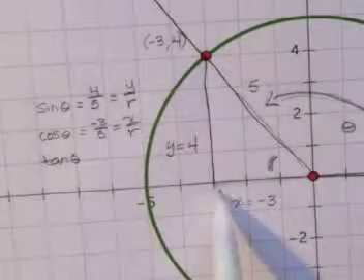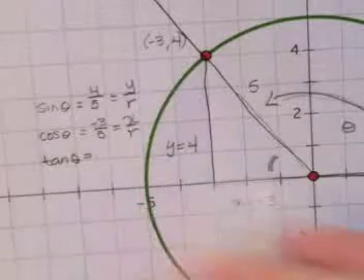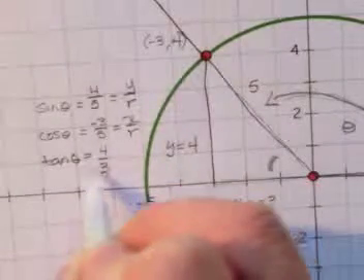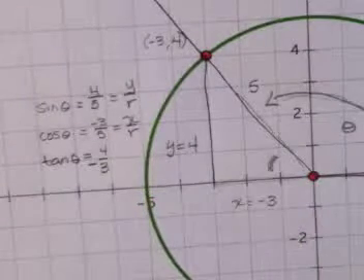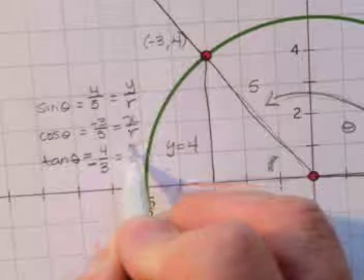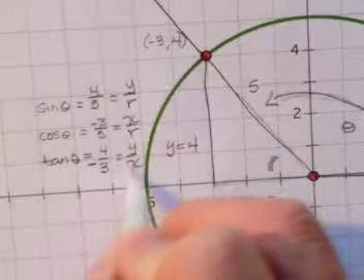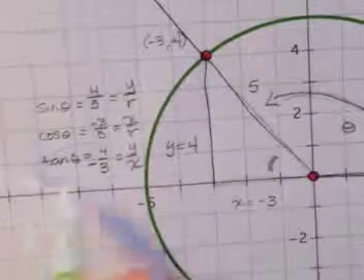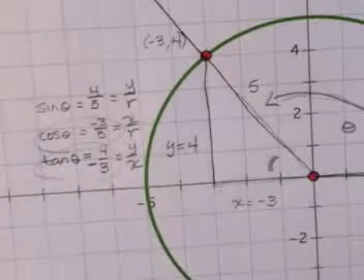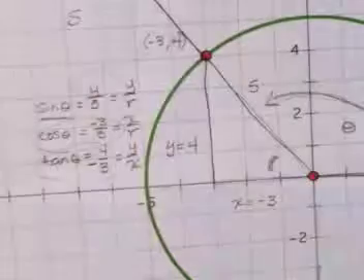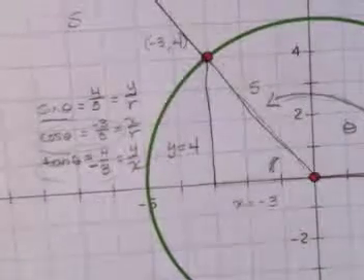I'm also going to find tangent, and tangent is opposite over adjacent, but my adjacent side is now negative, -3. So my y/x becomes negative.